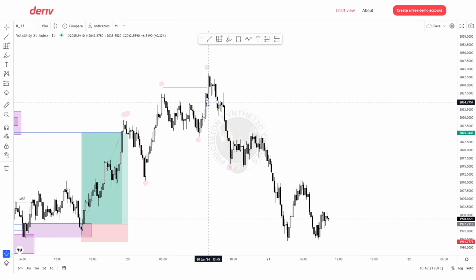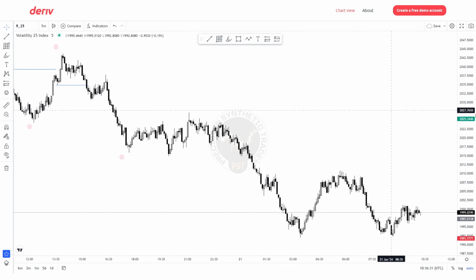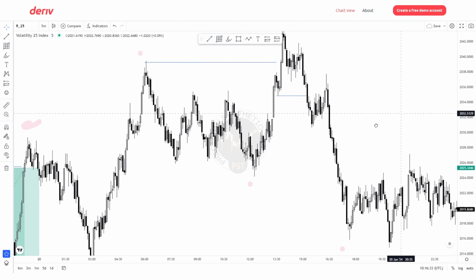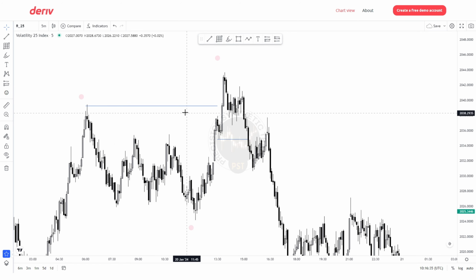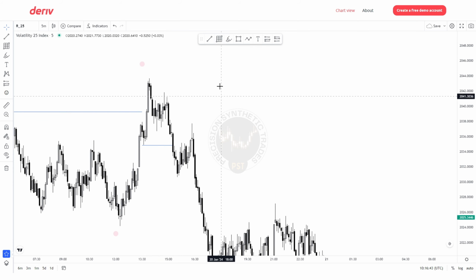Why this low? This was the last fractal low that broke that high. If you go onto the 5 minute, you will see what I mean. You see there, fractal low, liquidity was taken. Alright, so we had a big push, market structure shift.